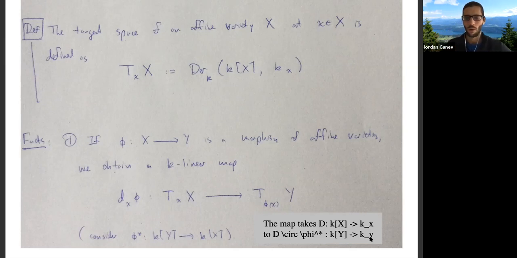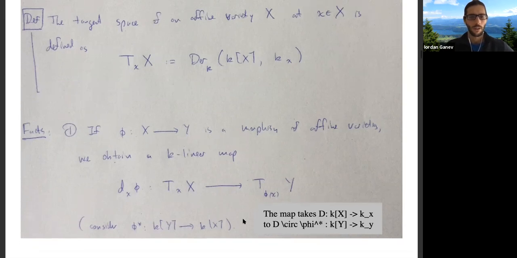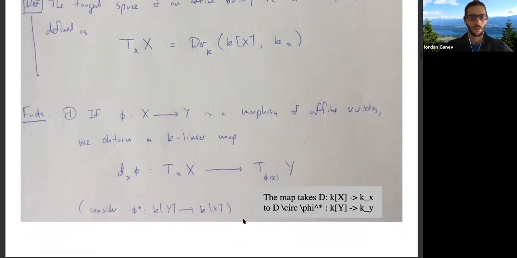So I guess here this y is phi of x. I realized after I wrote the notes that maybe I should elaborate here a little bit, but all that's going on is we just precompose with this pullback map, which is an algebra homomorphism, so it takes derivations. All right, so that's all that's going on there.